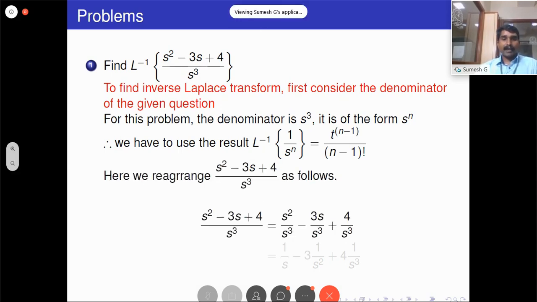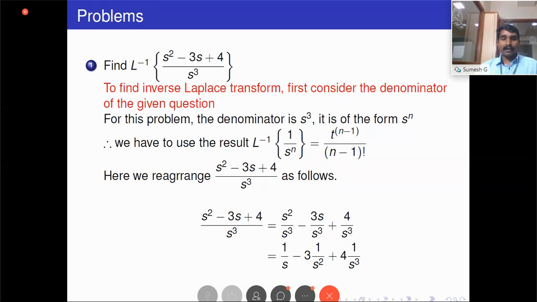We rearrange the expression as follows. S square minus 3s plus 4 all divided by s cube is equal to s square by s cube minus 3s by s cube plus 4 by s cube. And it reduces to 1 by s minus 3 into 1 by s square plus 4 into 1 by s cube.